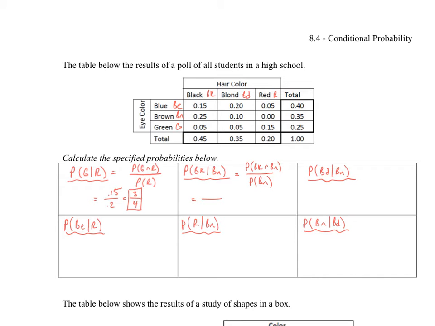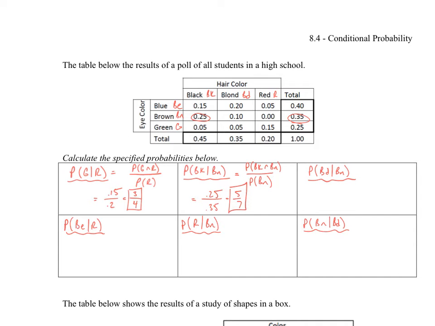Well, the total number of people with brown eyes is 0.35. And of those brown-eyed people, how many of them also have black hair? Well, that's just these people, 0.25. So of all the people who have brown eyes, the people who also have black hair in that group are 0.25 of the 0.35. And so if I reduce that fraction, that's 5/7.